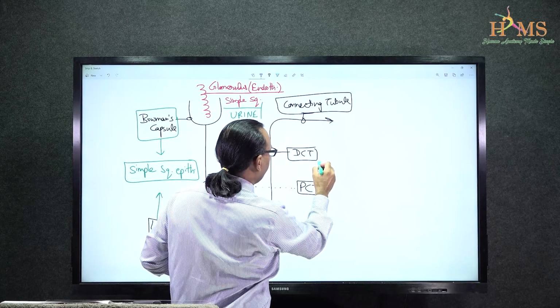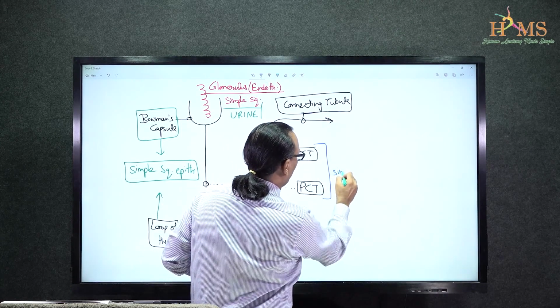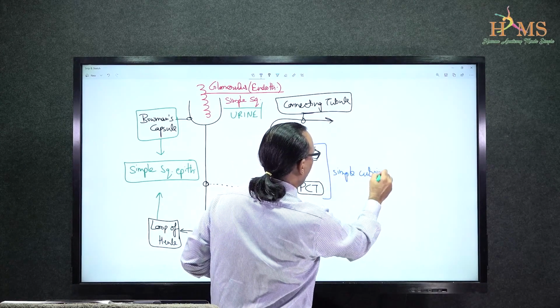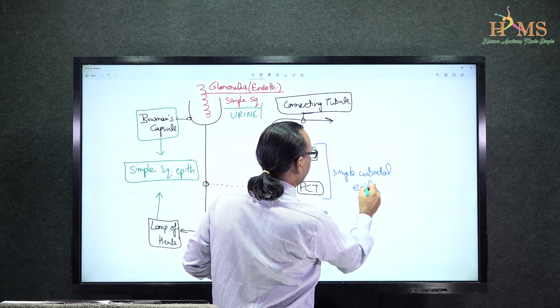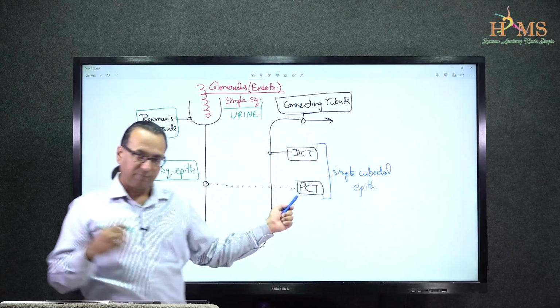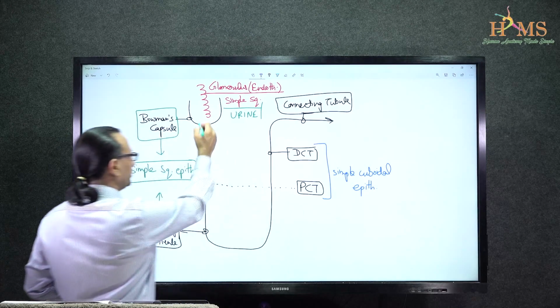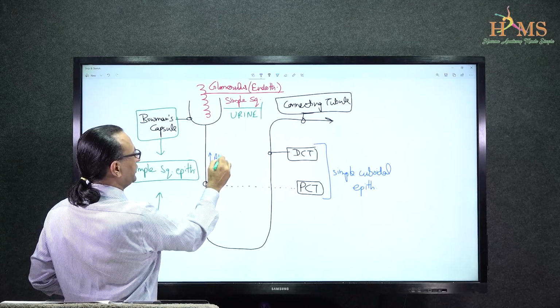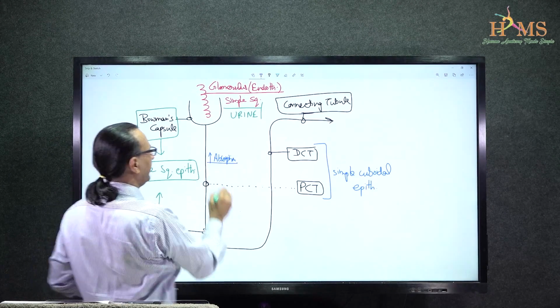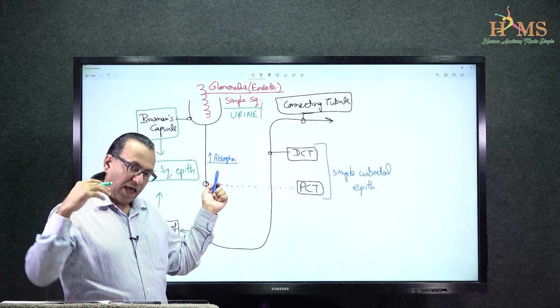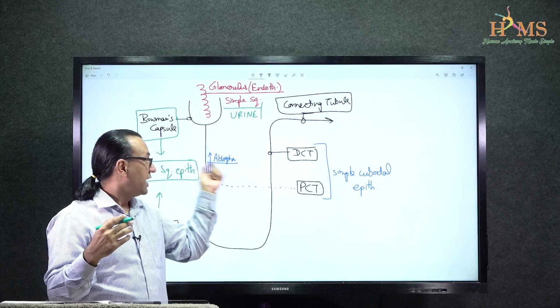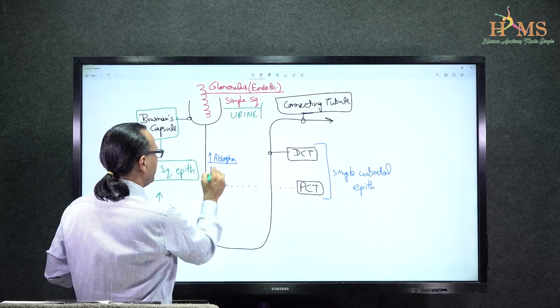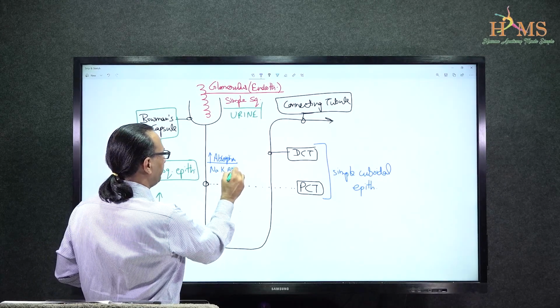Now, when you say they have this simple cuboidal epithelium, there is one difference, and that is the distribution of the microvilli. You see, the proximal convoluted tubule is involved in more absorption. It is absorbing water, sodium, amino acids, glucose, etc. There is a sodium-potassium ATPase pump also.